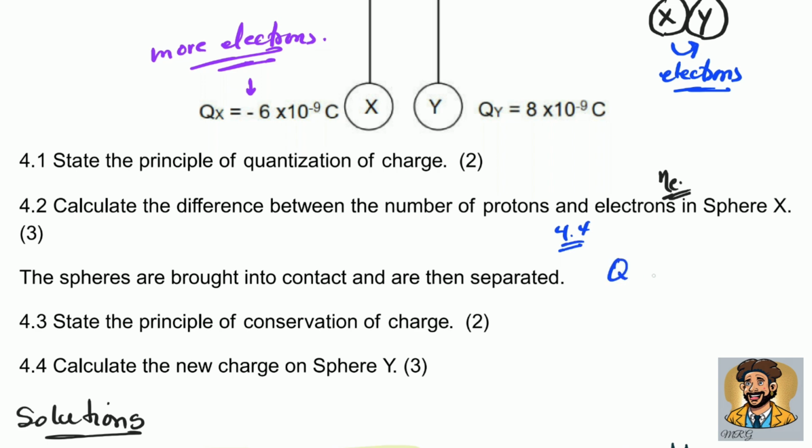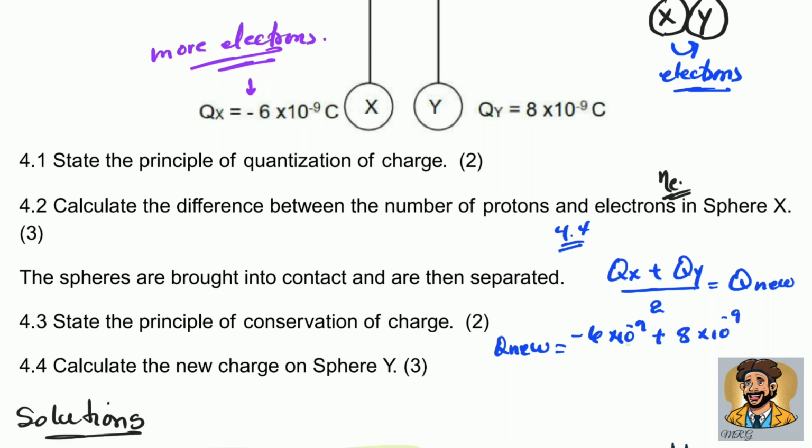We have Qx plus Qy divided by 2. That will be equal to Q new. That is the new charge we are looking for. So Q new is equal to minus 6 times 10 to the minus 9 plus 8 times 10 to the minus 9, divided by 2.